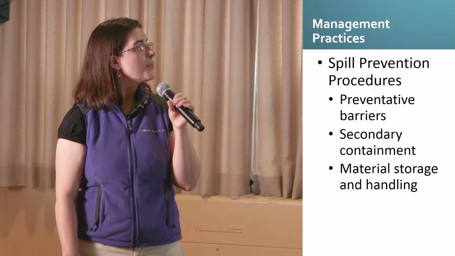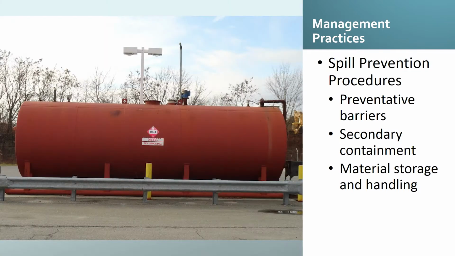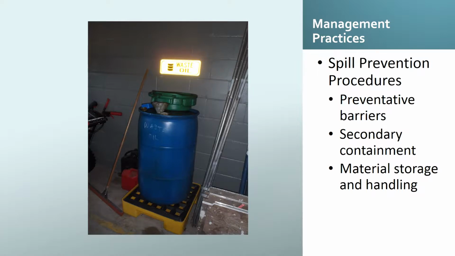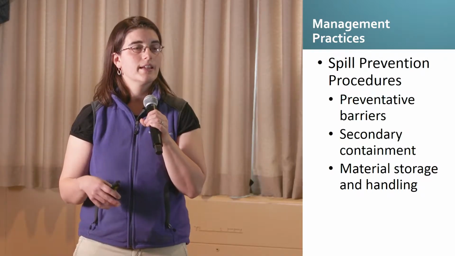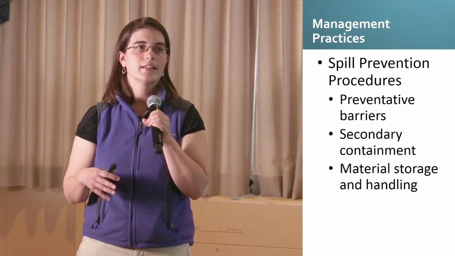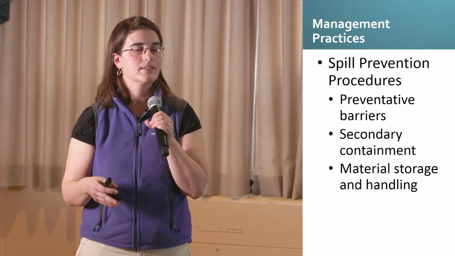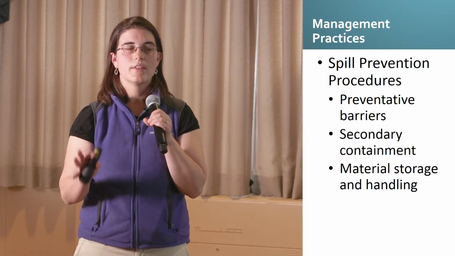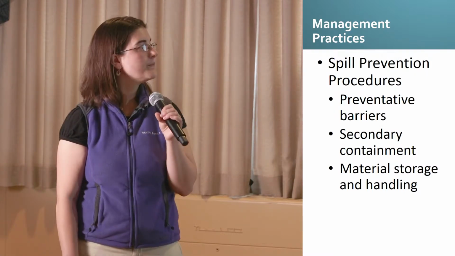In terms of spill prevention procedures, you could have preventative barriers around your oil tanks, bollards or jersey barriers. You need to provide secondary containment. And back to the SPCC plan regulations, they require secondary containment for any container greater than 55 gallons. So that would be the rule of thumb you'd want to aim for.